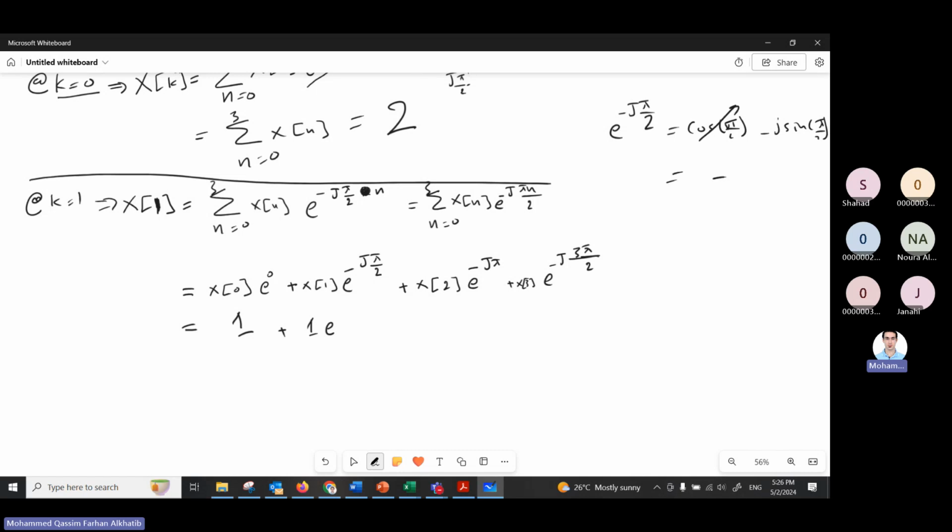It's going to be minus j. I don't have to put the exponential form, so times negative j. Plus, now x of 2 is 0, so it's gone, and same thing for x of 3, plus 0. So the answer is 1 minus j.